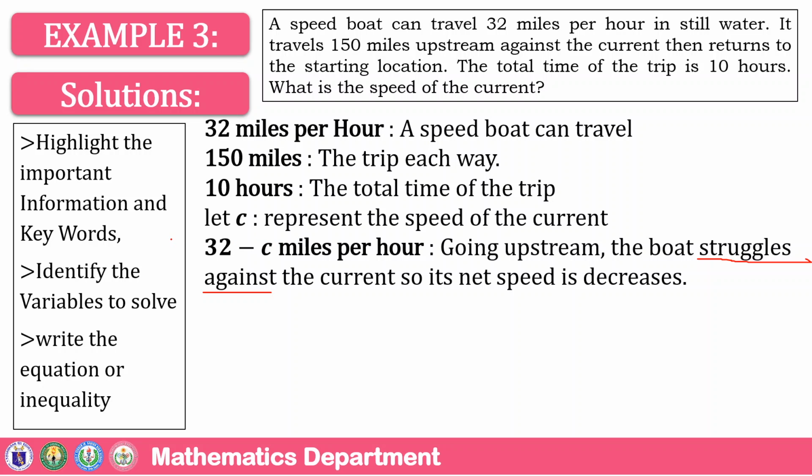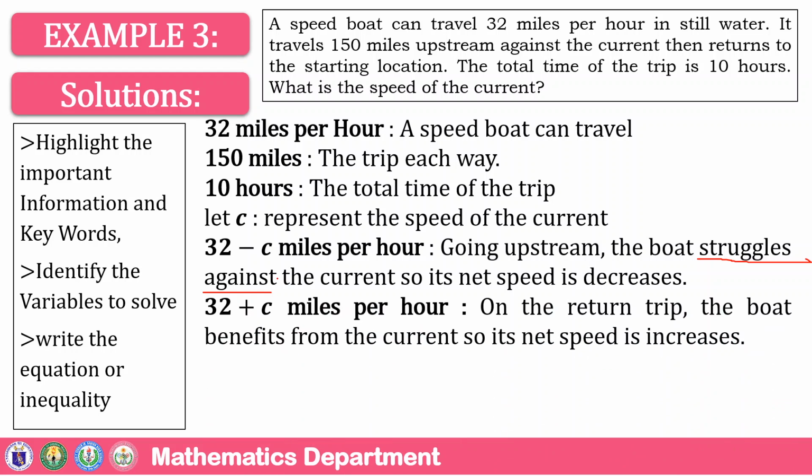So, ang ginawa natin dito, nag-minus tayo ngayon sa 32 miles per hour. Sunod, pagka pabalik naman siya, nagbe-benefit siya kasi yung 32 miles per hour, dahil siya yung nagbe-benefit, tuloy-tuloy lang siya, mas mabilis ngayon. Nag-i-increase ngayon yung ating net speed. So, ang ginawa natin, that is 32 plus c.